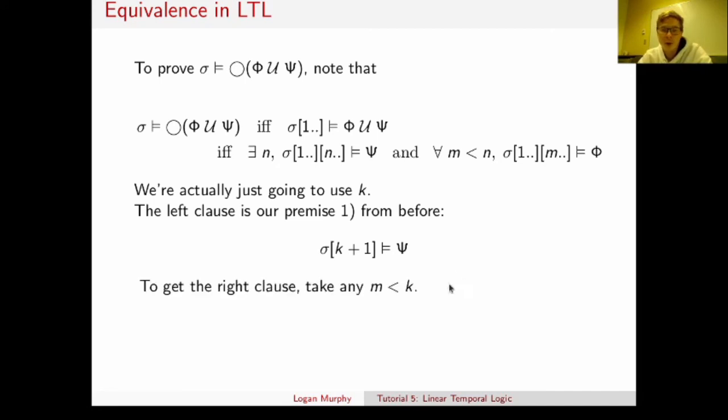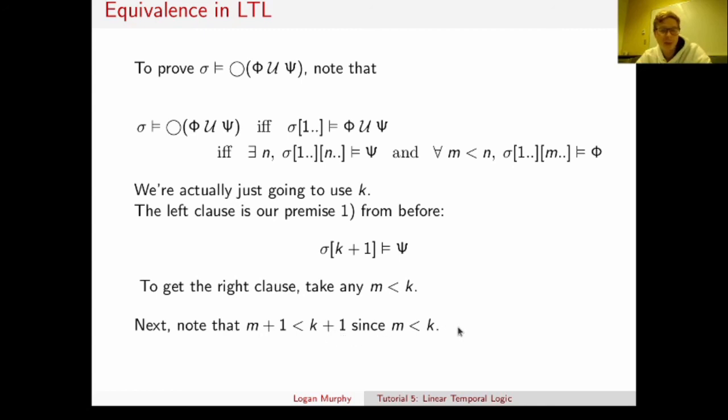Now to show the other one, we take any m which is less than k, because we substituted k in for n. And we need to show that sigma 1 m satisfies phi. Note that if m is less than k, it also holds that m plus 1 is less than k plus 1.